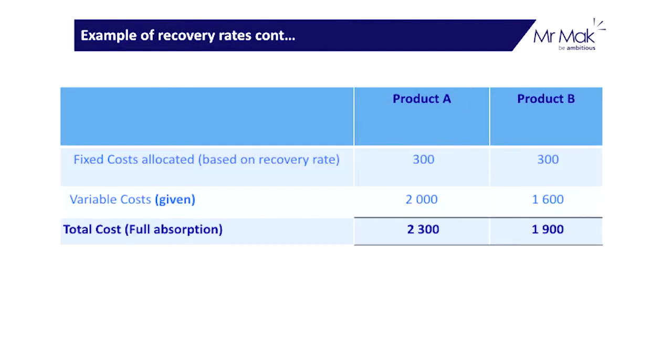For each unit of product A and for each unit of product B, we would allocate 300 worth of fixed costs. To get to the total cost of production, we would say, what are the fixed costs of 300? Add on the variable costs, whatever they may be, and that will give us a total cost of production for each of product A and each of product B.